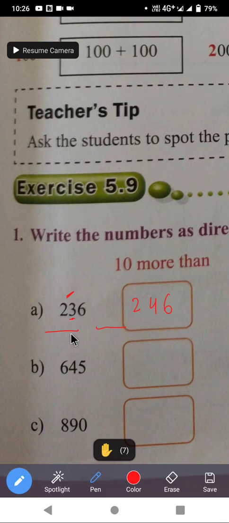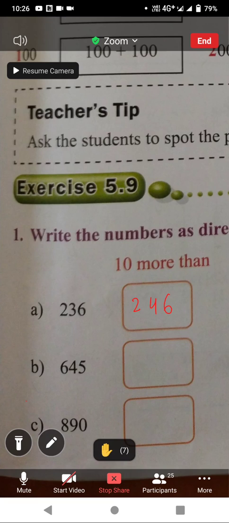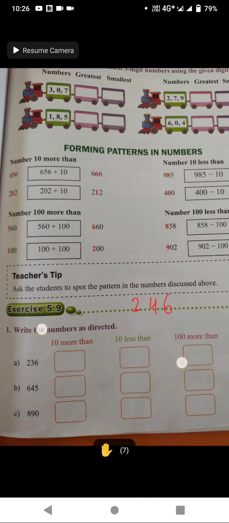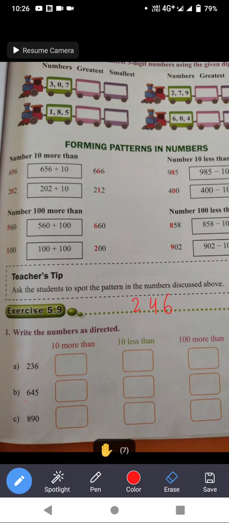Only you have to add 1 in the tens place.